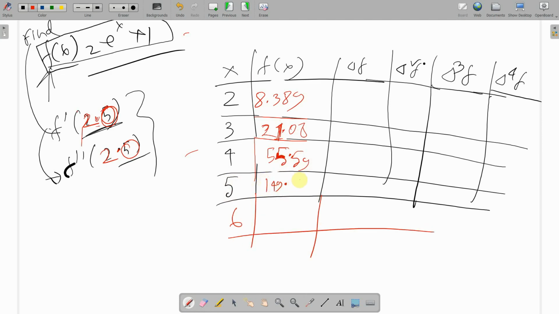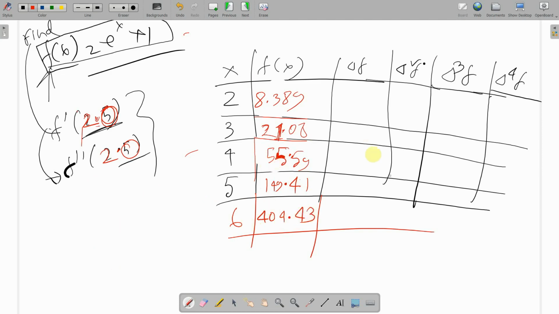Point how much? 149.41 let's say, and 6, 404.43.